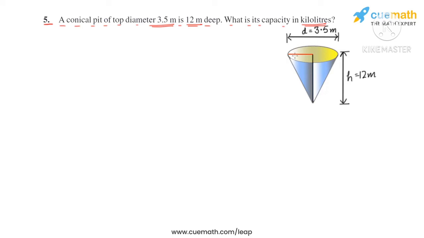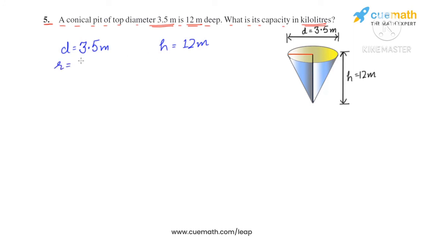So first we will find the volume of that pit in cubic meters, and then we will change it to kiloliters. So let's see what they have given. Diameter is 3.5 meters and depth or height is 12 meters.